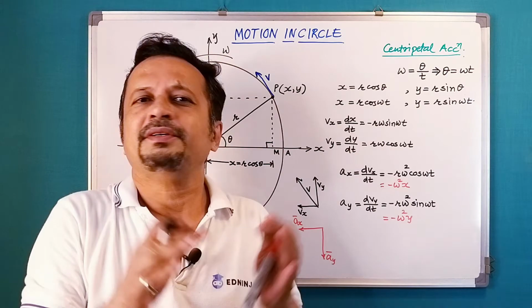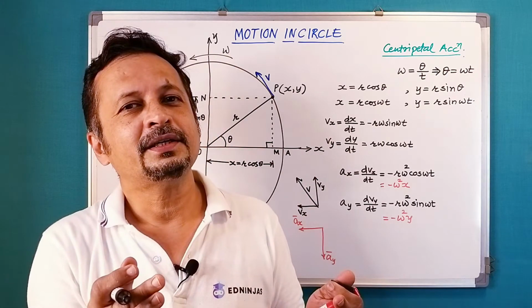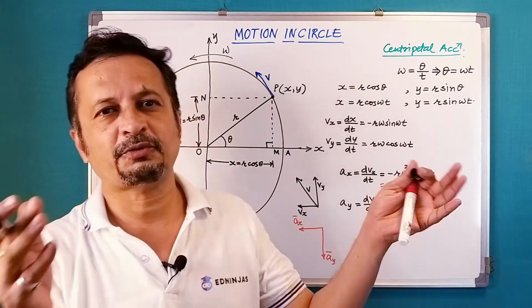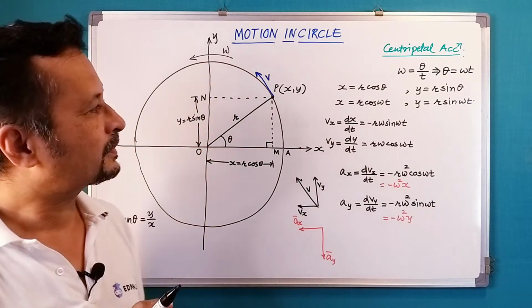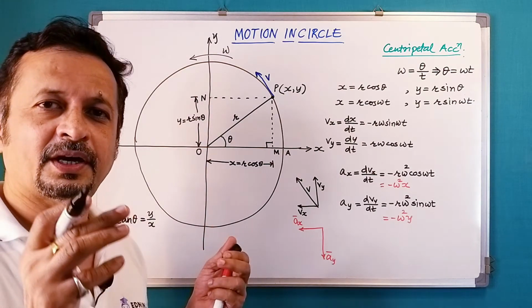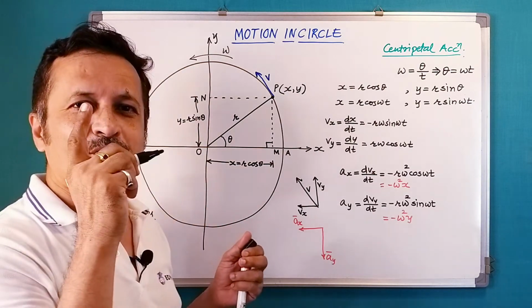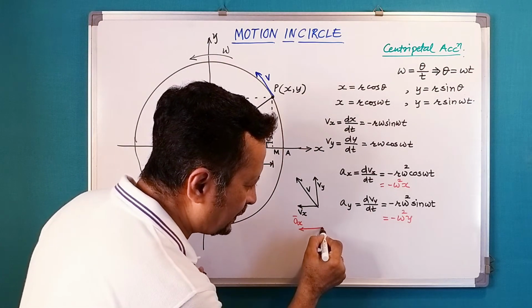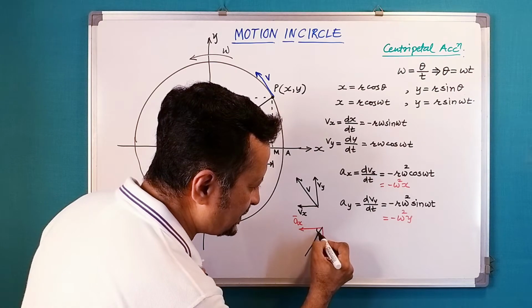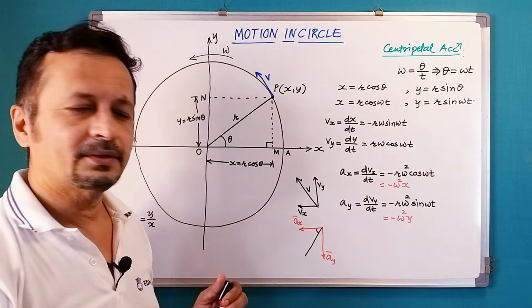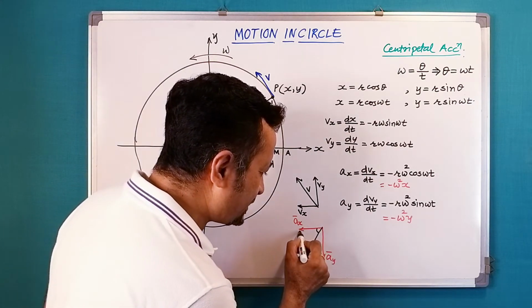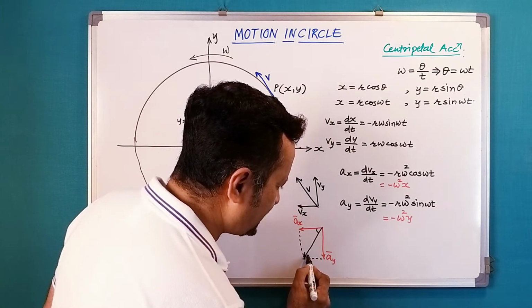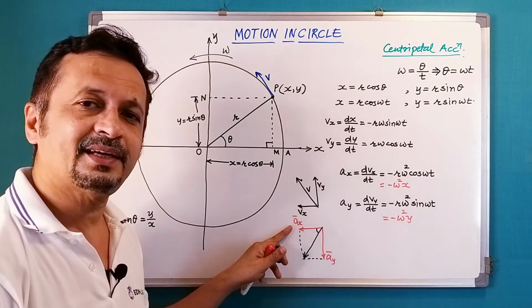My acceleration is a vector. I want to find the direction, and for that direction I need some angle with respect to x-axis, isn't it? So how do we get the direction of acceleration? I want this angle, maybe either this angle or that angle. When I complete this rectangle here, this is the resultant of ax and ay.